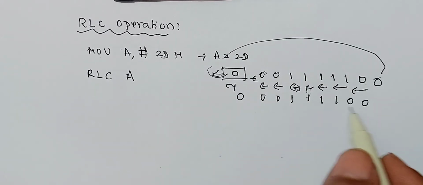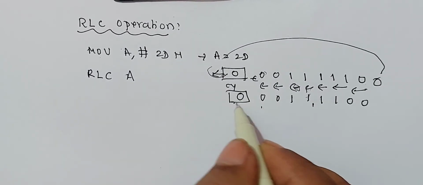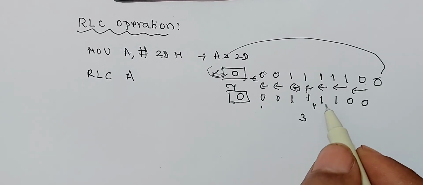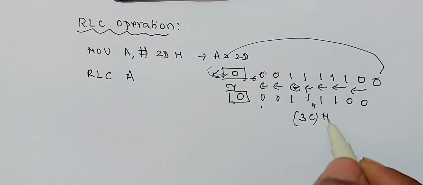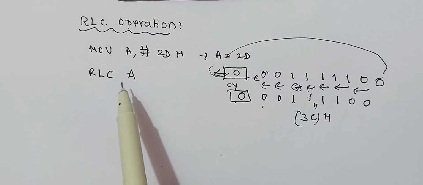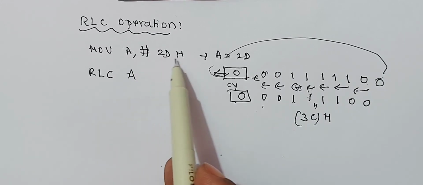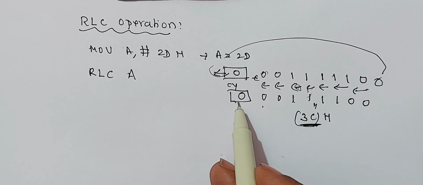Now consider the 8 bits with the carry. This is carry. Now this is 2, 1, 3. 8 plus 4, 12 means C. After you perform RLC A, when A is loaded with the value 2D, then A becomes 5A and carry is 0.